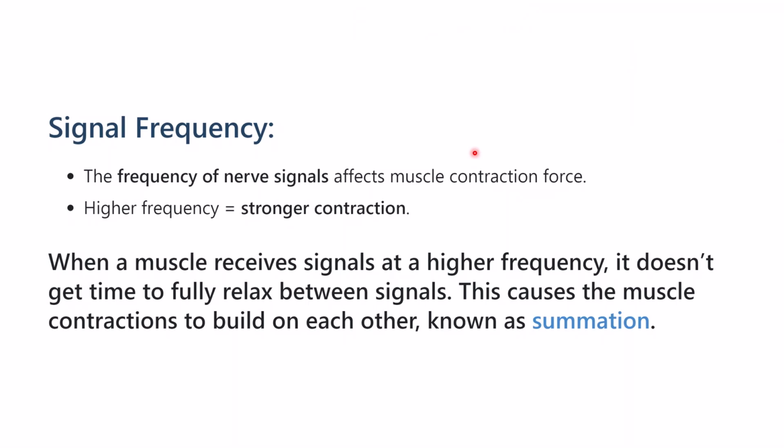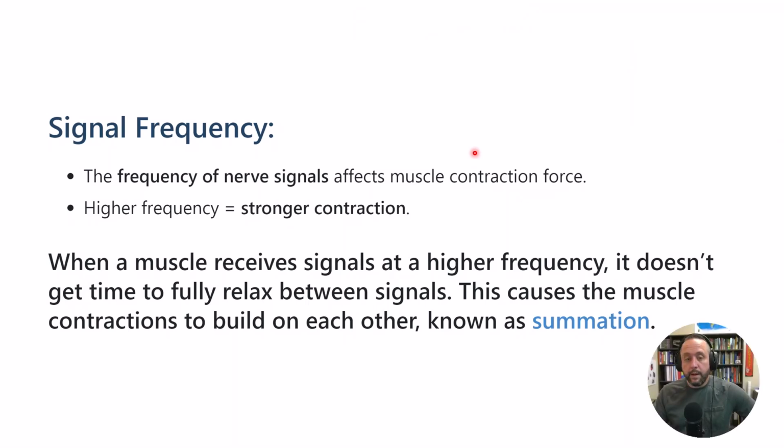With higher frequency, if the signal, the action potential, is coming faster, then you get a stronger contraction. And if it's coming fast enough, that muscle fiber that's being contracted can get contracted to the point where it has no chance to reset, to relax, and that's known as summation for that muscle fiber cell.